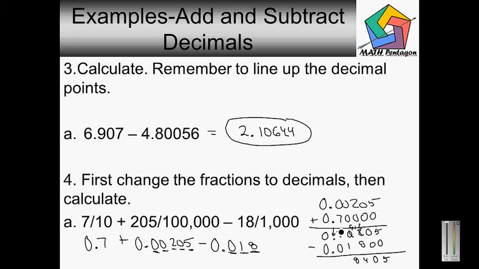We borrow from 7. We have 6 minus 0 is 6. Bring down the decimal point. We have 0 minus 0 is 0. And then our final answer to this would be 0.68405. So this is the final answer to this problem.